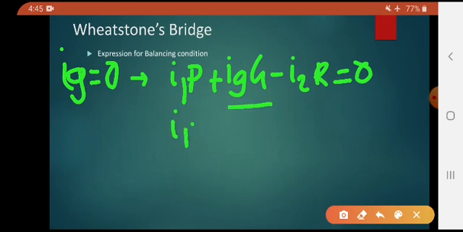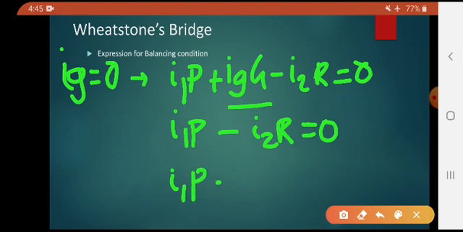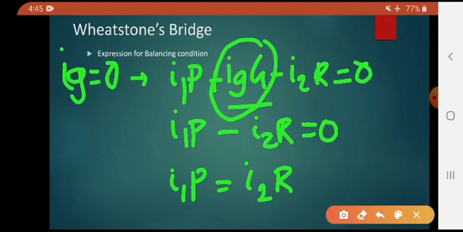So I1P minus I2R equals 0. Therefore I1P equals I2R.